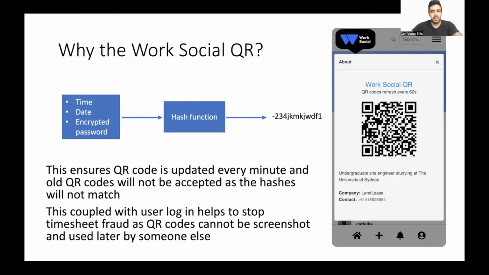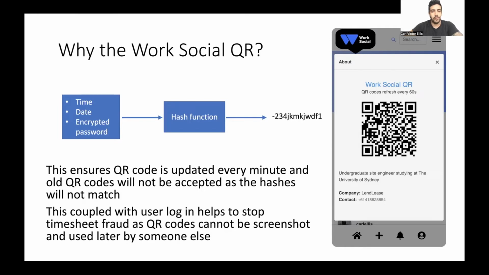So what is the QR code? What it does is take the time, the date, and an encrypted password, and it uses a hashing function. And then you get this number here. It's -2, blah, blah, blah, whatever it is. You'll see in a minute what we use this for, but this ensures the QR code is up to date every minute.